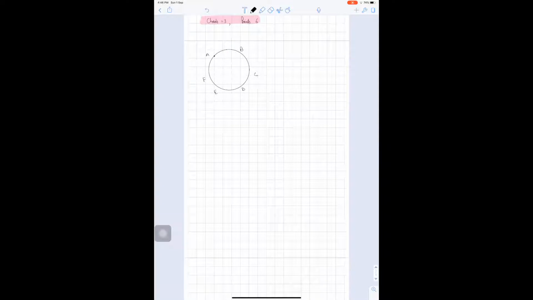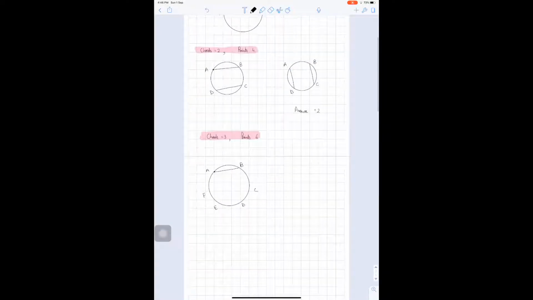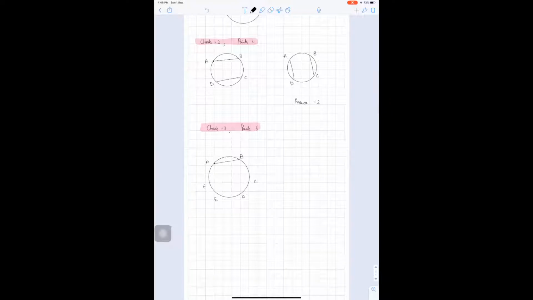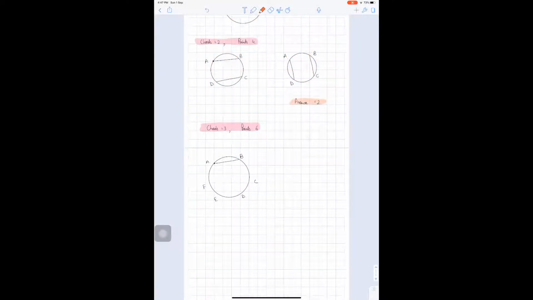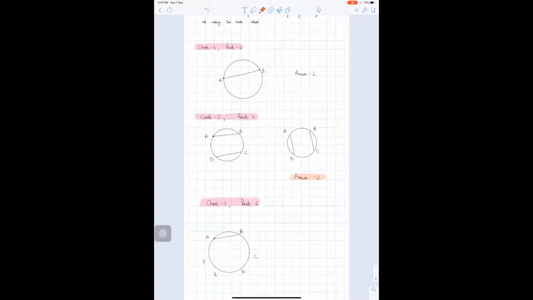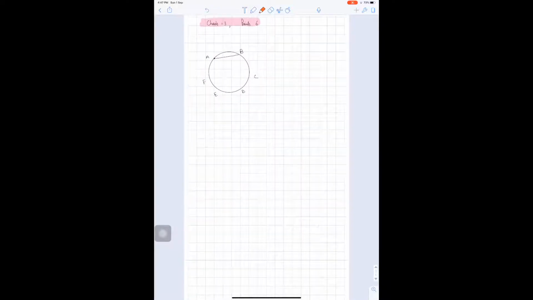Now let's see, can I draw a chord from A to B? If I draw a chord from A to B, how many remaining points are there? 4, right? So 4 points is actually 2 chords, and we have already solved for 2 chords. There the answer is 2. So let me quickly draw these solutions.